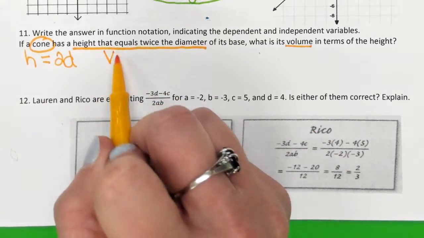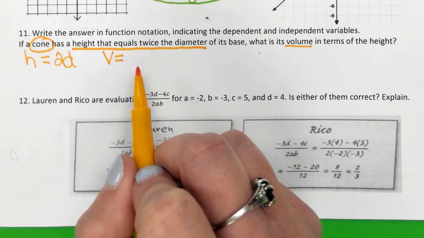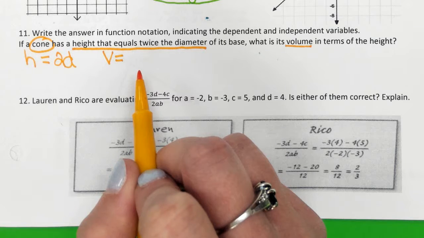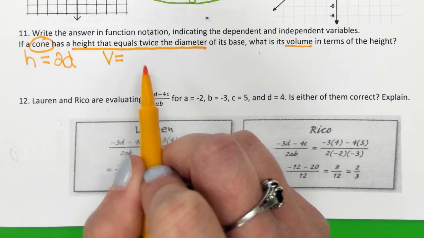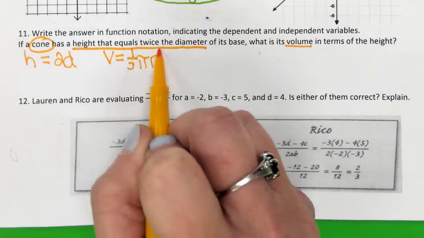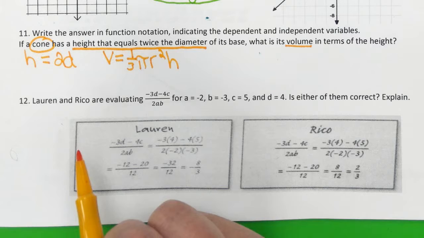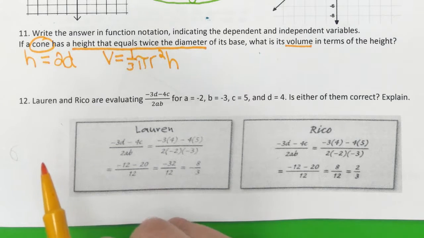What is the volume of a cone? Does anybody remember? It's got the pi r squared, yeah, and what else? Divided by 3, very good. So it's 1/3 pi r squared height, which is the same thing as divided by 3, right? All right, do you see anything that's the same between those two?